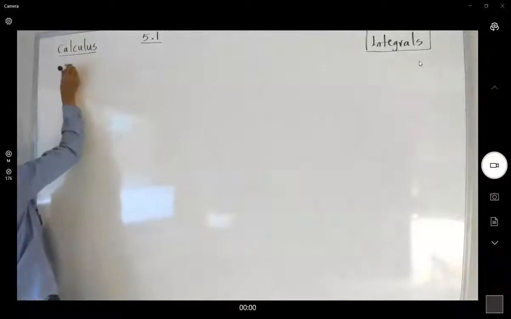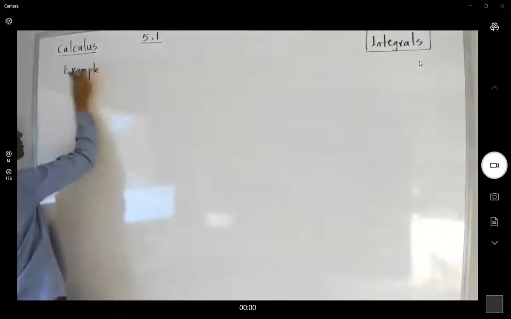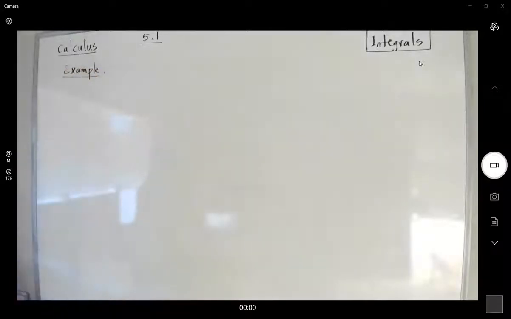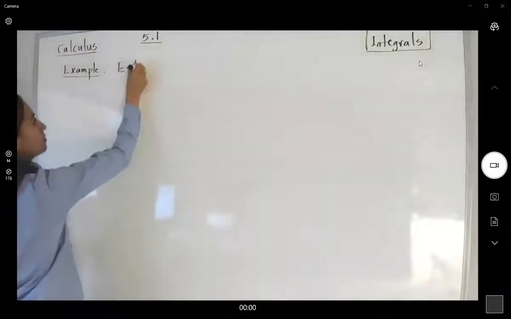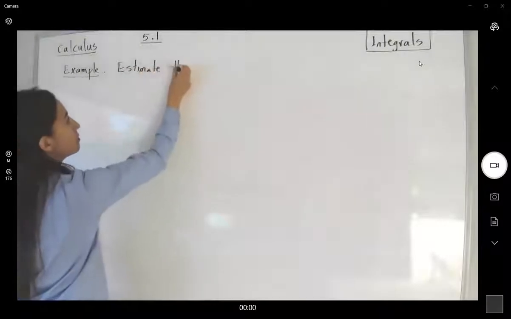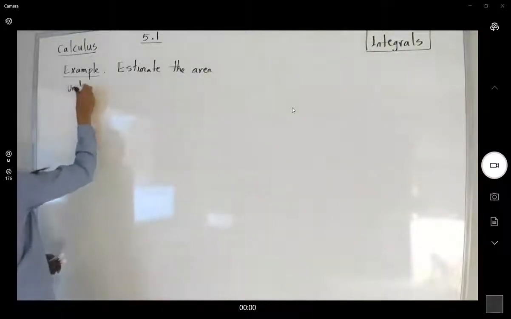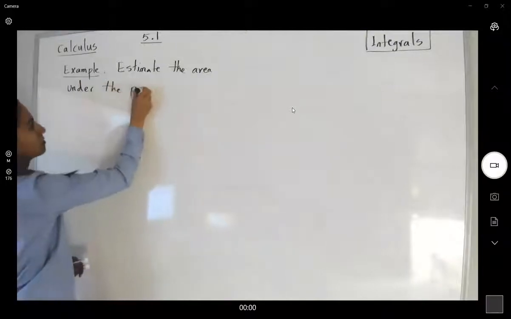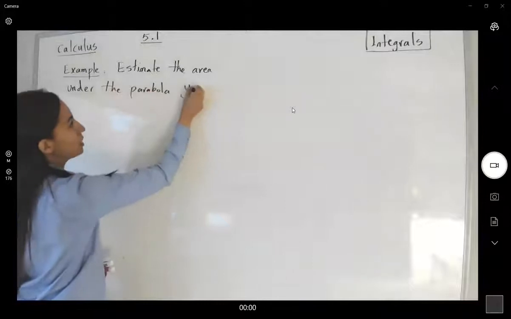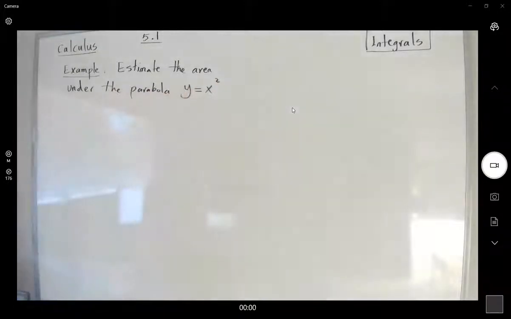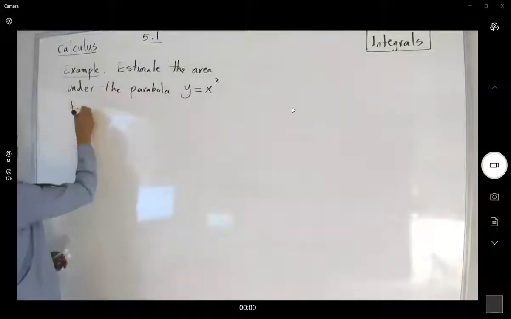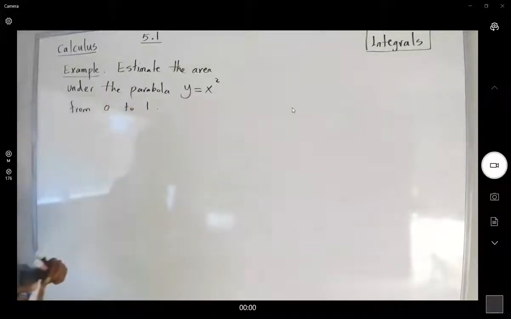Example. This example says, estimate the area under the parabola y equals x squared from 0 to 1.